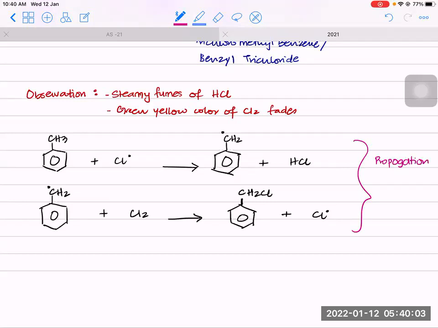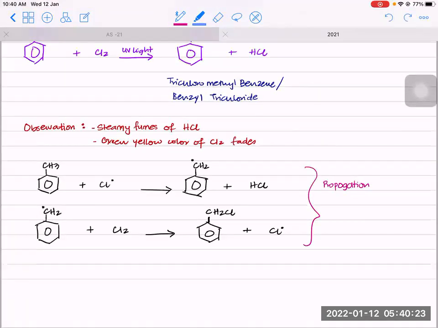You remember forming one product requires two steps in propagation. In the first one, you remove the H. In the second one, you replace it with a Cl. Yes? So this right here is the propagation step to form chloromethyl benzene or monochloromethyl benzene.